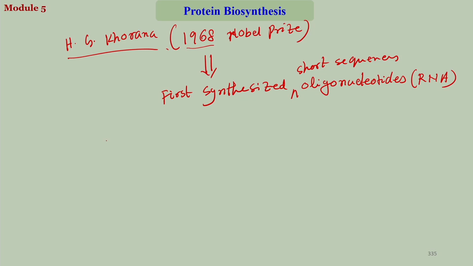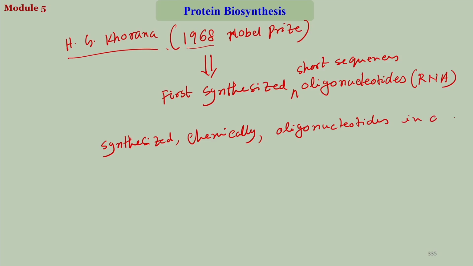For example, he chemically synthesized oligonucleotides in a combination of three bases, rather than base pairs, because it is not double stranded DNA.